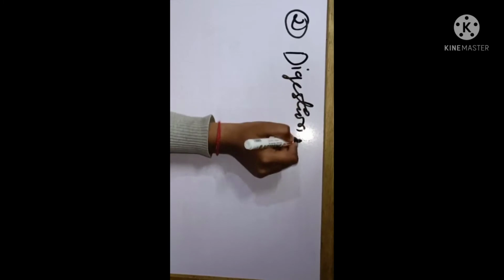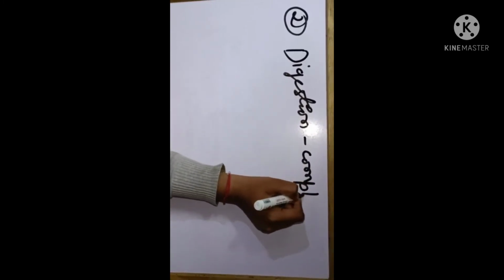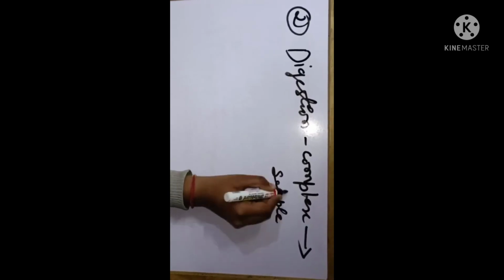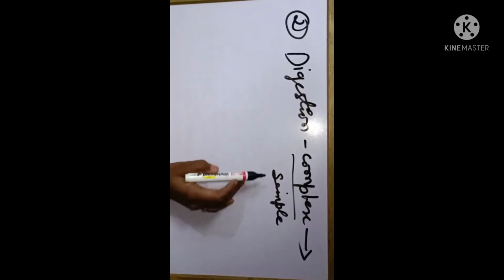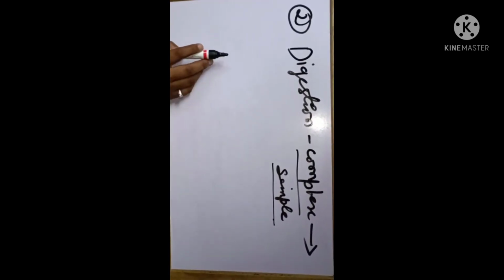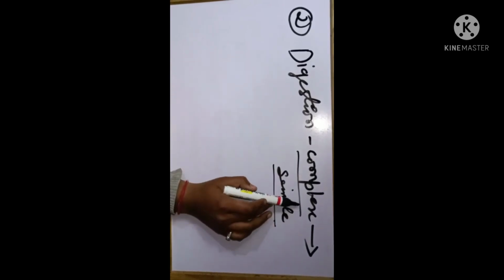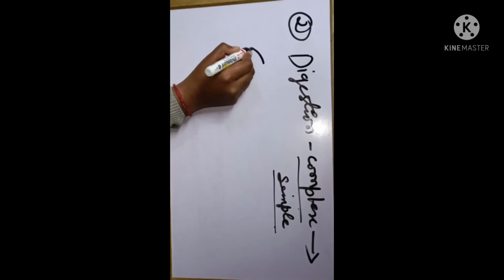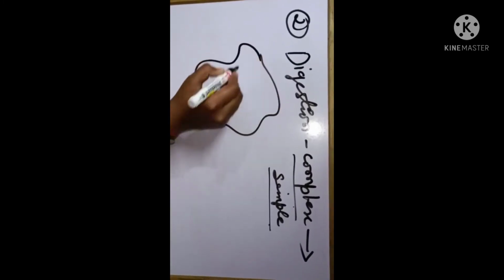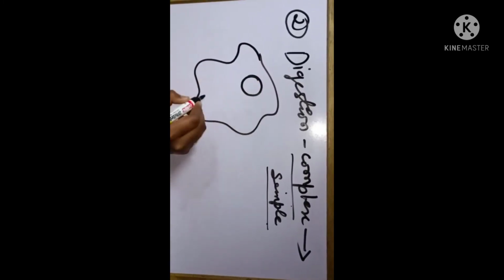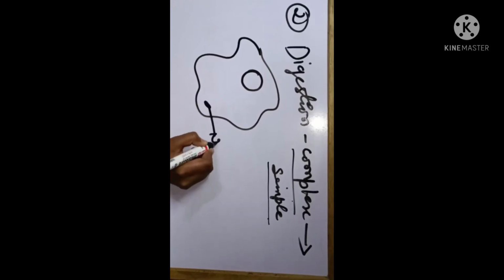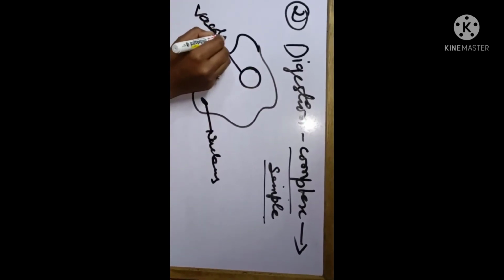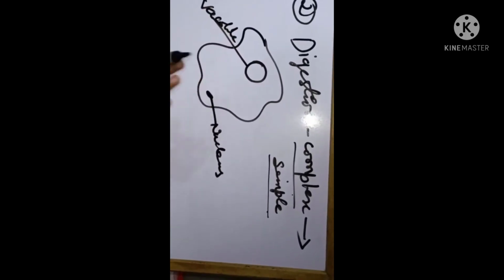The second process is digestion. Digestion is the conversion of complex food substance. As you know, the food which we take into our body is in the form of complex material. So it is converted into the simple form. So the conversion of complex food substance into the simple one is digestion. As we know, in amoeba the food is present in the vacuole.